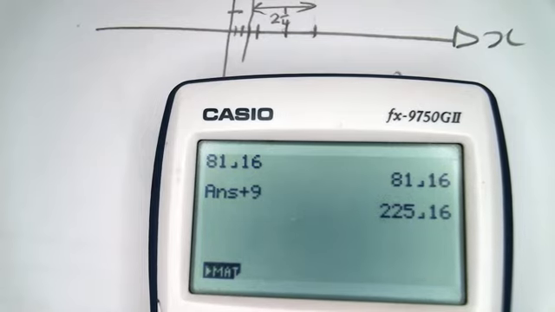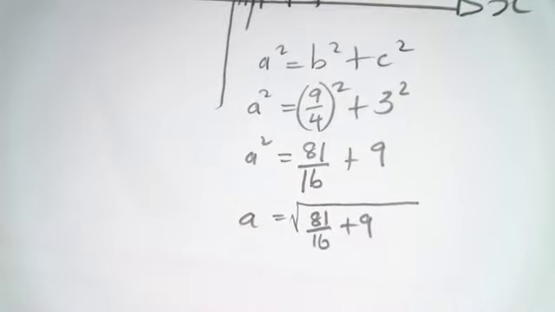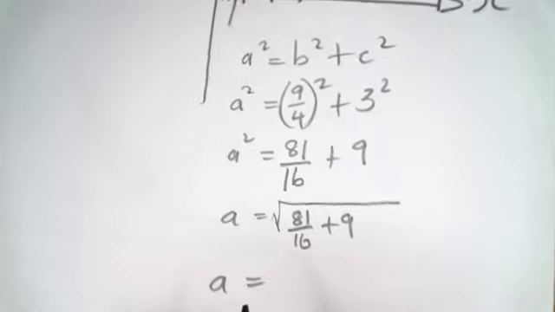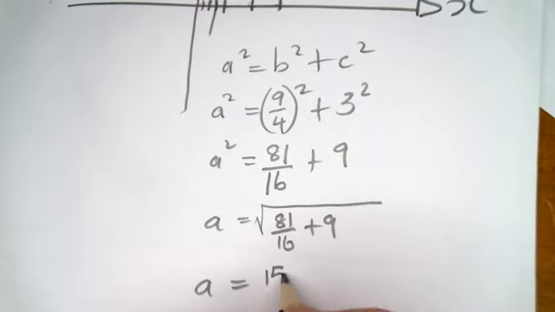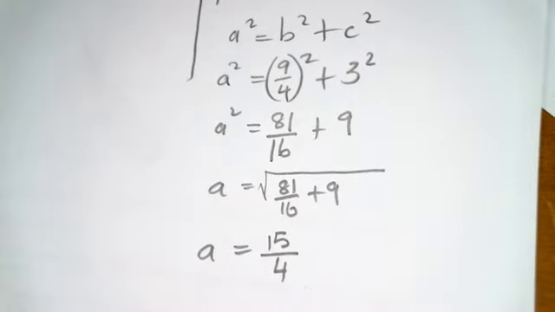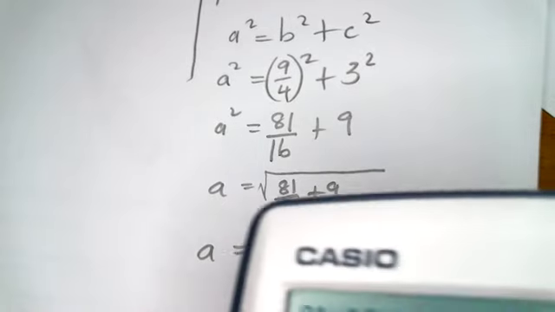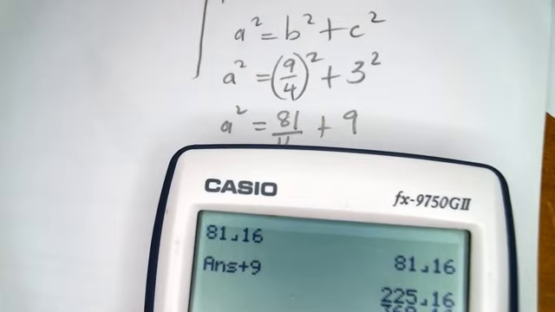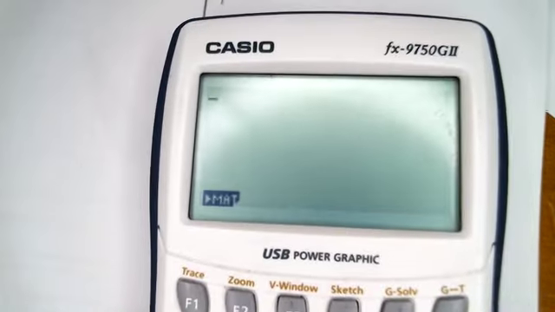Now, fortunately, that's a pretty easy one to do a square root of, actually. The square root of 225 is 15, and the square root of 16 is going to be 4. So it's going to be 15 over 4. Oh, hang on, what am I doing? 225, here we go.